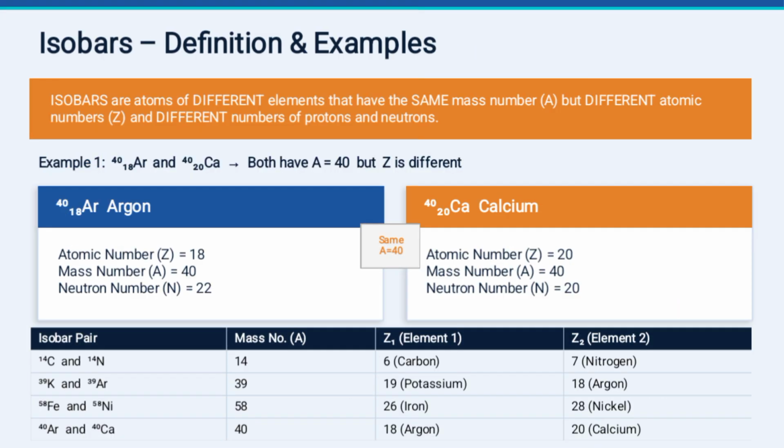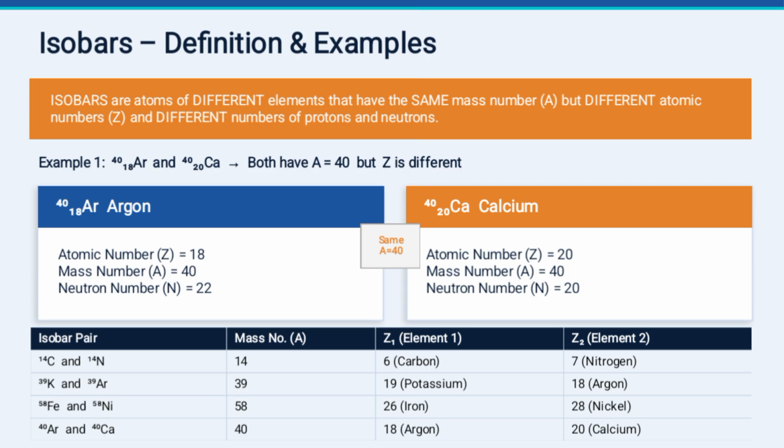Let's look at isobars. Isobars are atoms of different elements that have the same mass number, but different atomic numbers, and different numbers of protons and neutrons. A typical example is calcium and argon. The mass number is the same, which is 40, but their atomic numbers are different, 18 and 20.